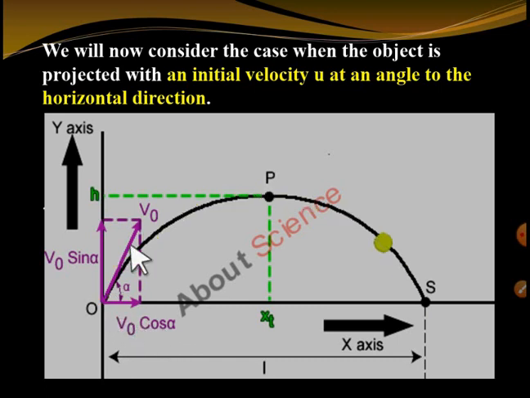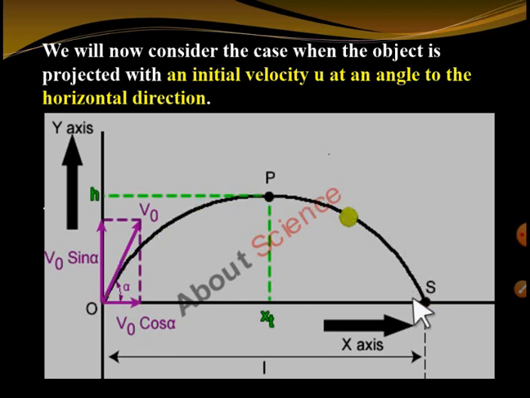So if the velocity is v naught, then the horizontal component, that means along the x-axis, will be v naught cosine alpha, and the vertical component will be v naught sine alpha, right? So this is the trajectory of the projectile, and it is a parabola, right?